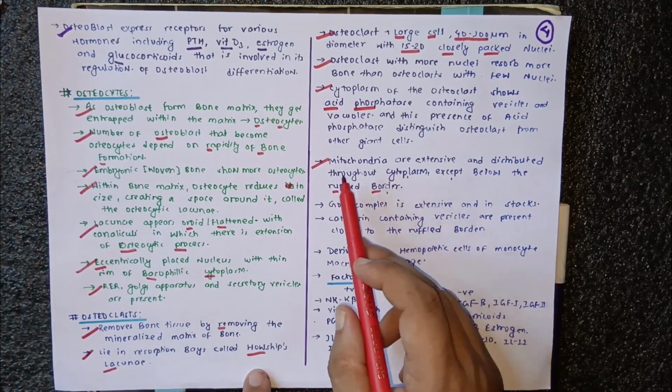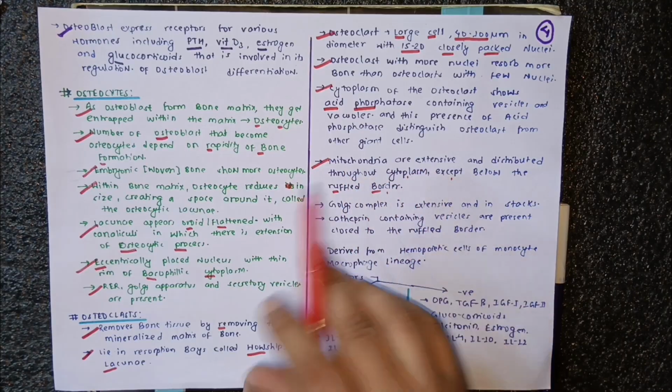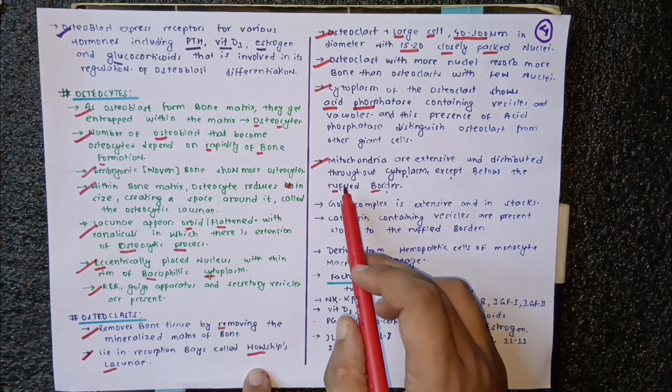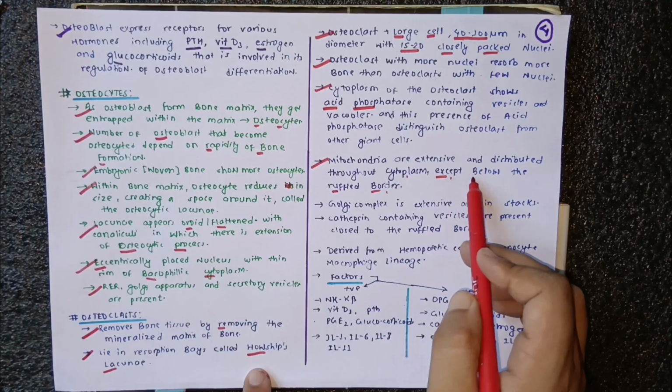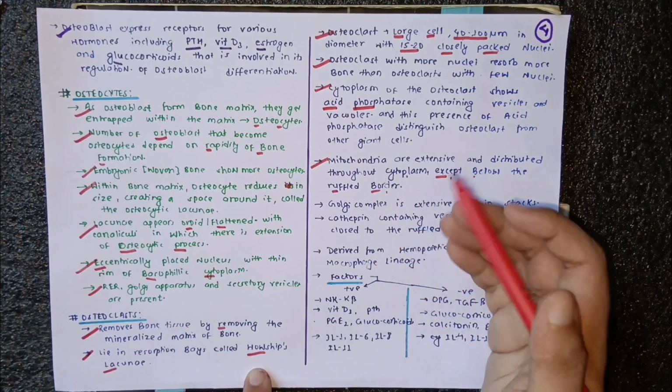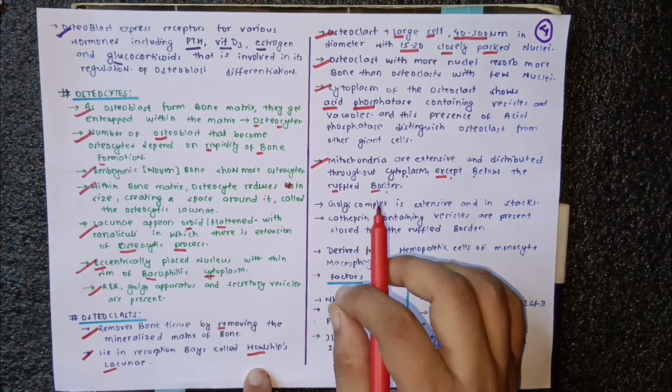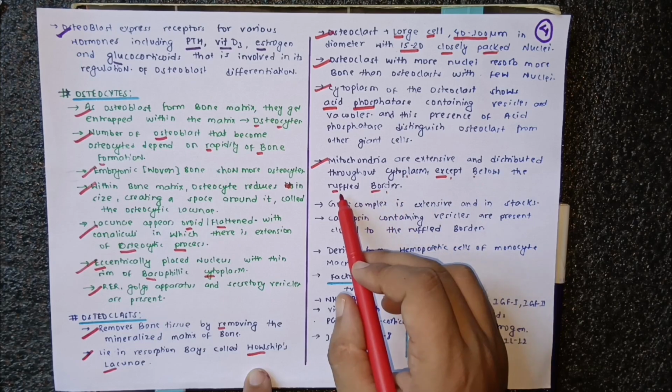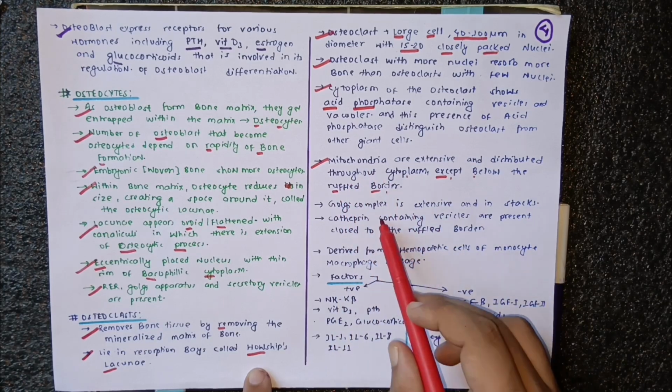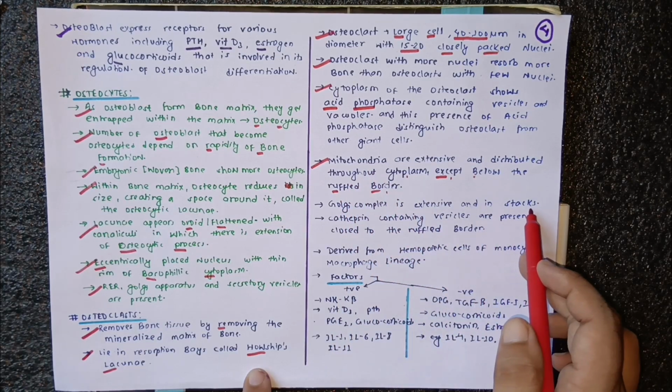For now, think of the mitochondria as extensive throughout the cytoplasm, except just adjacent to the ruffled border, where there is less presence of mitochondria. The Golgi complex is extensive and present in stacks.